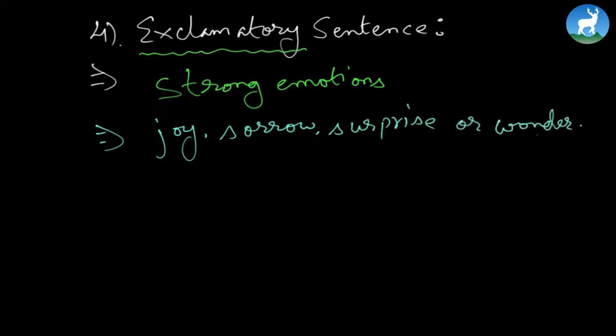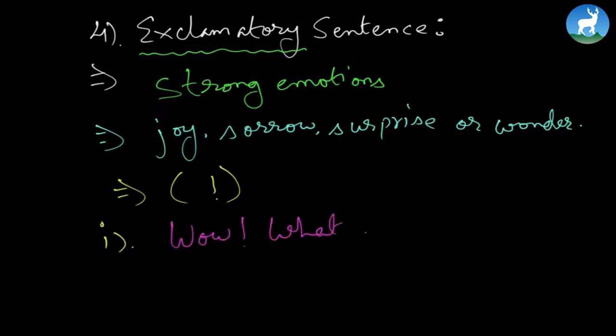Whenever sentences express these human feelings, or certain strong emotions, such as joy, sorrow, surprise, or wonder, this is what we call exclamatory sentences. And usually it is accompanied by an exclamation mark. For instance, wow, what a lovely name.